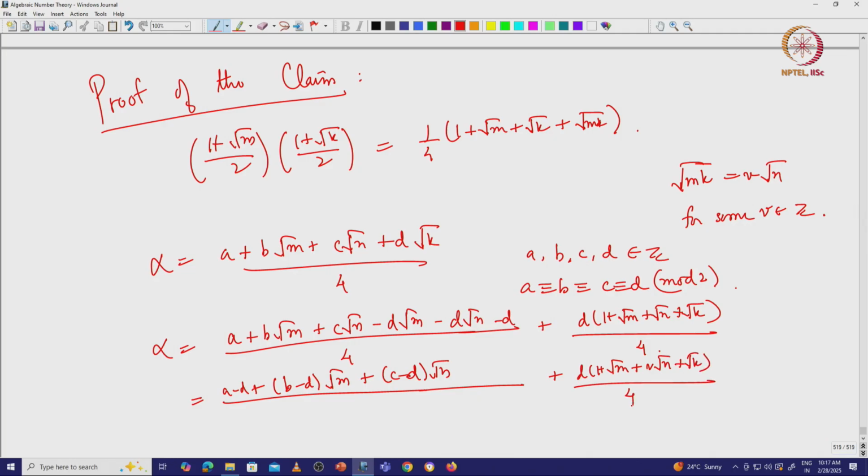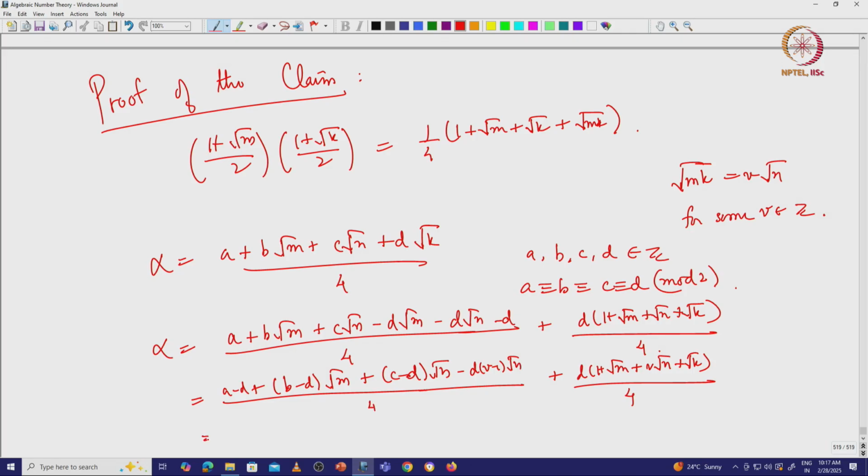So what have I done? I have added v minus 1 times d as an extra thing here. So I am going to subtract that thing from this. So d into v minus 1 times square root of n by 4, right.